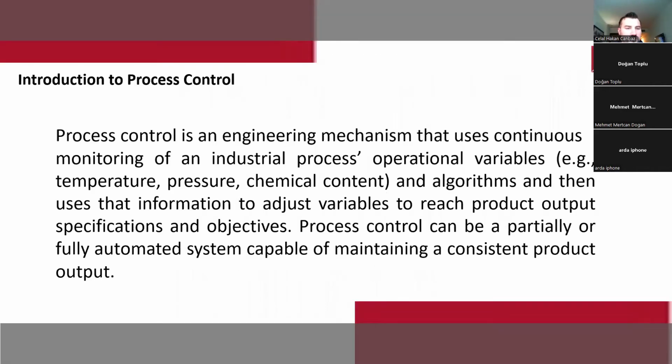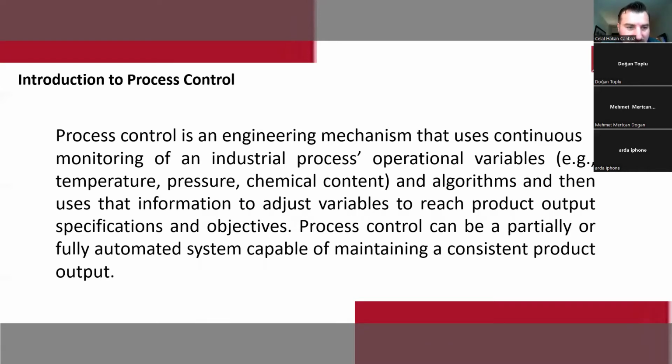So, as an introduction to process control, we can say it's an engineering mechanism that uses continuous monitoring of an industrial process's operational variables. What are these variables? We already mentioned them in the midterm questions. Temperature, pressure, rates, and even chemical contents are part of that.